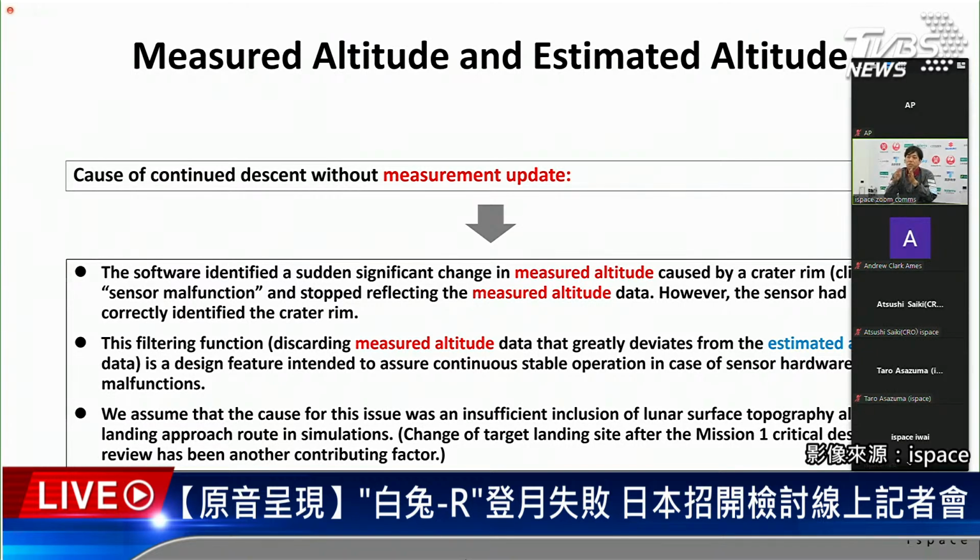This change had an impact on our development activity. Of course, we carried out a lot of simulation and a lot of test campaigns. However, due to this change, we could not correctly identify the issue before the landing date. Then please move on to the next slide.